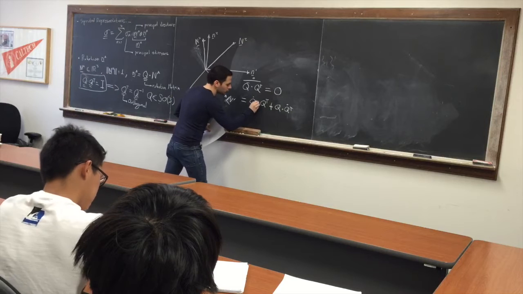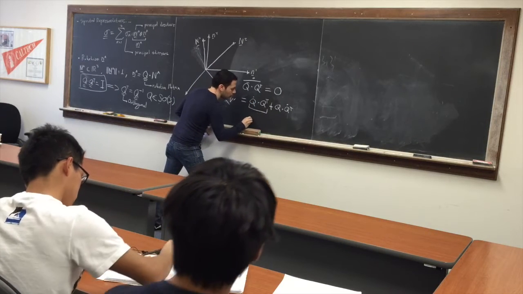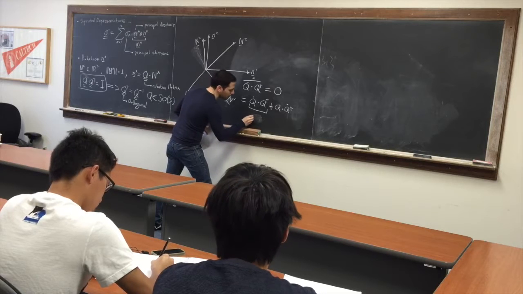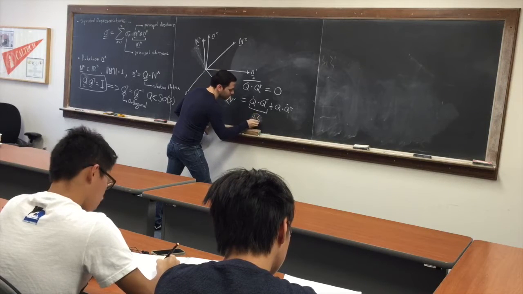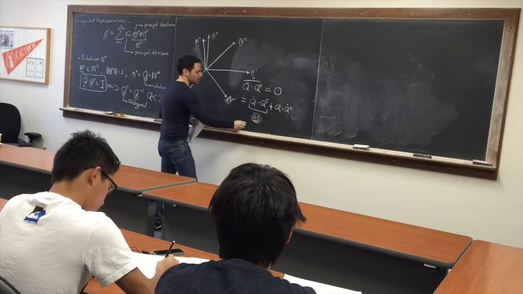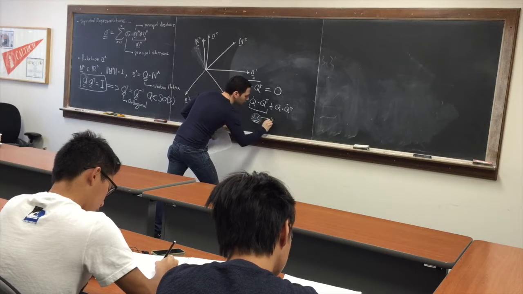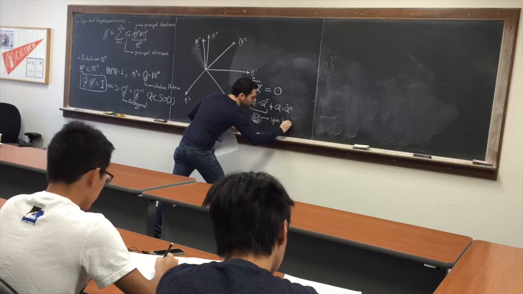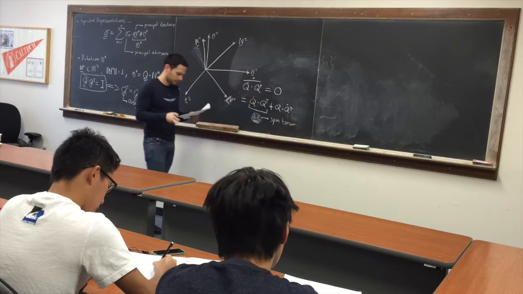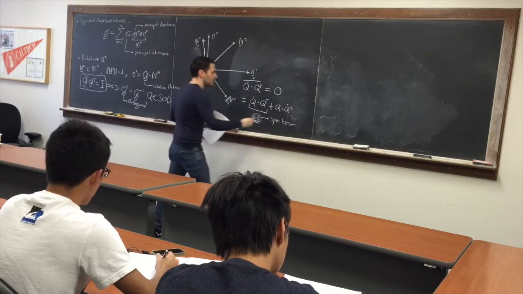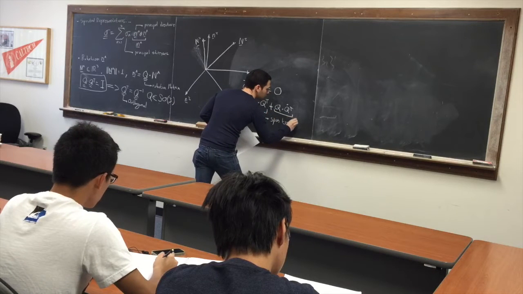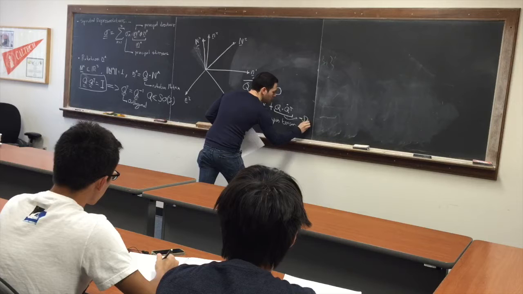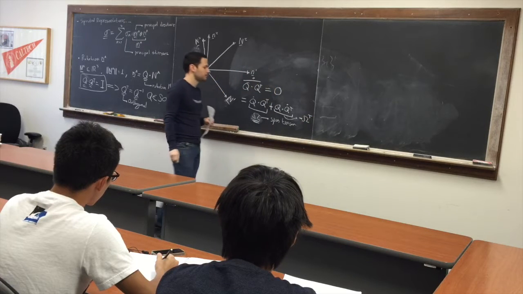Where this product here is called omega, which is also called the spin tensor. And this is minus omega transpose.